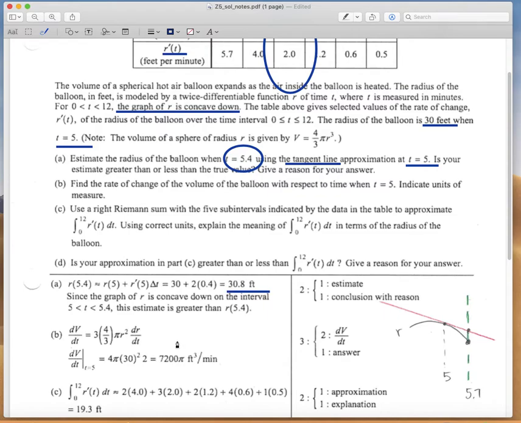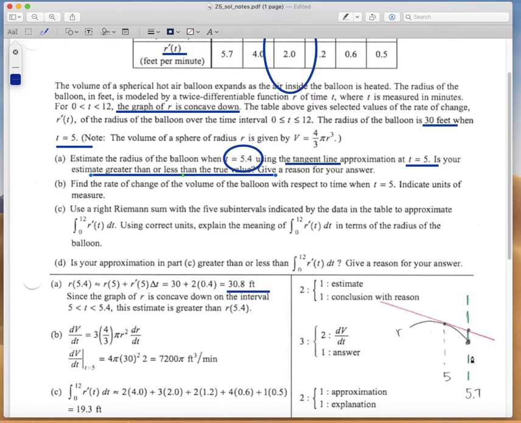Okay. What else did we want to do there? Is the estimate greater than or less than the true value? Well, you can tell by the picture here that the estimate is too big. It's bigger than the function value. But how do I know that r looks like this? Well, it's because they told me that r is concave down. So when I draw a tangent line to a function on an interval where the function is concave down, that tangent line will always ride above the function.